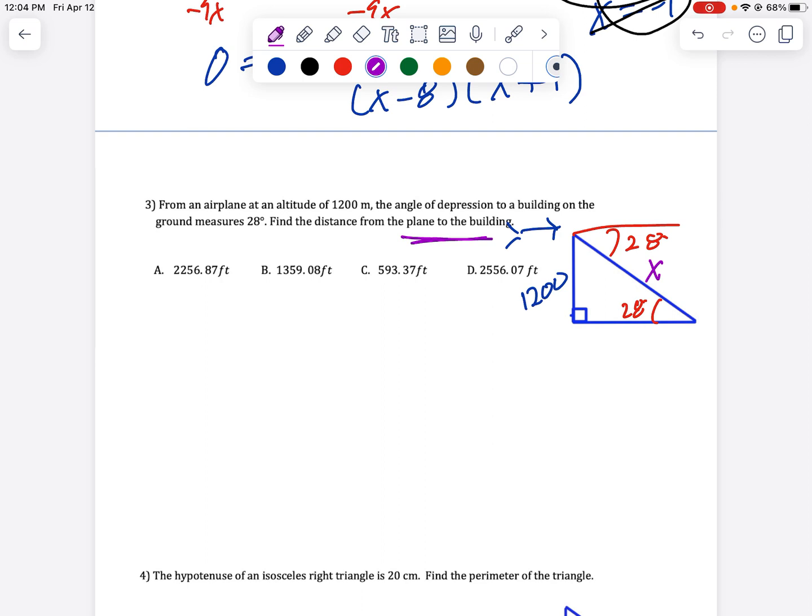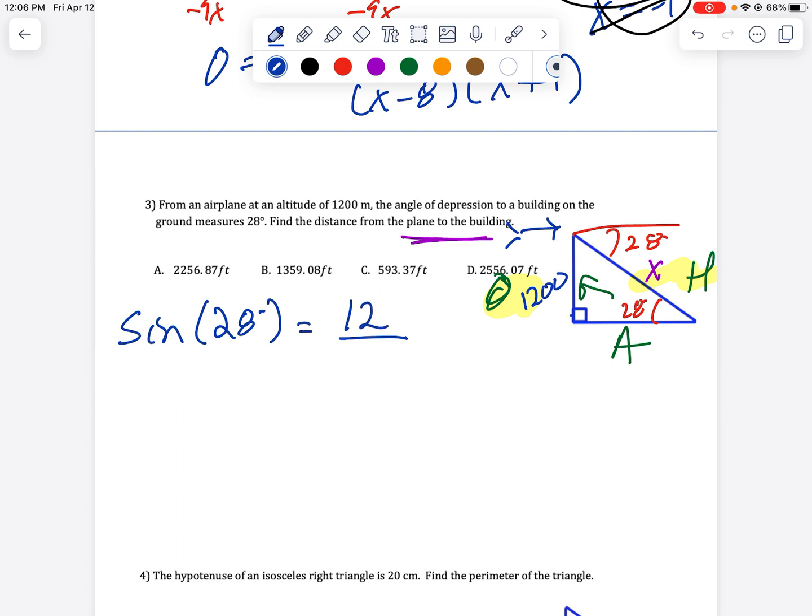Okay, so from here, O, A, H. All right, we got to use SOHCAHTOA. I'm looking at the opposite side and the hypotenuse, O and H. O and H is sine, so I take sine of the angle equals a ratio. The angle is 28 degrees.